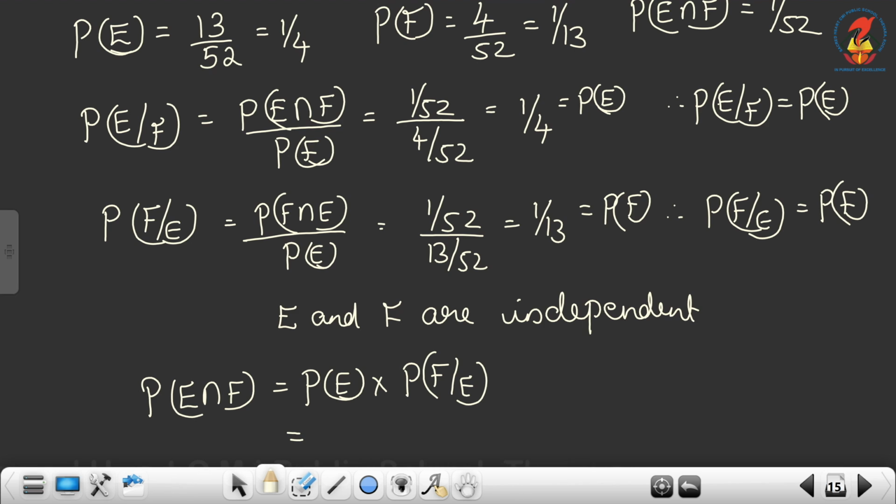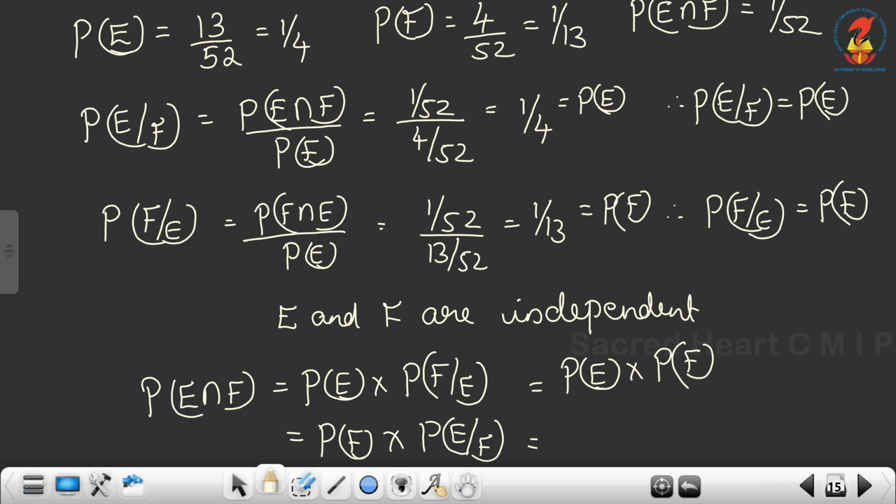Or we can write P of F into P of E given F. If E and F are independent, what is P of F given E? P of F given E is the same as P of F. It does not depend on the denominator. So I can write P of E into P of F. Here also P of F into P of E given F. If E and F are independent, P of E given F is the same as P of E. That is P of F into P of E.